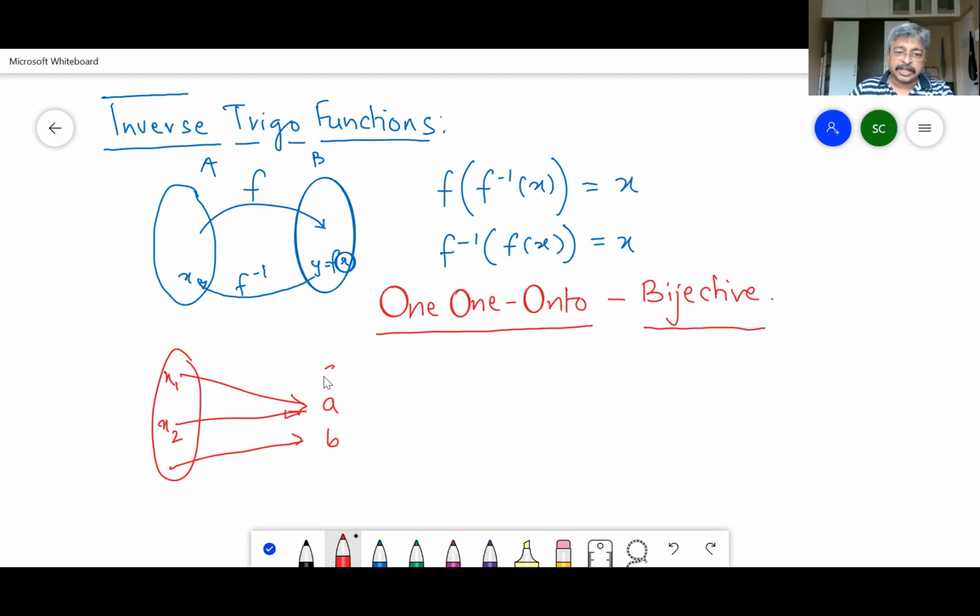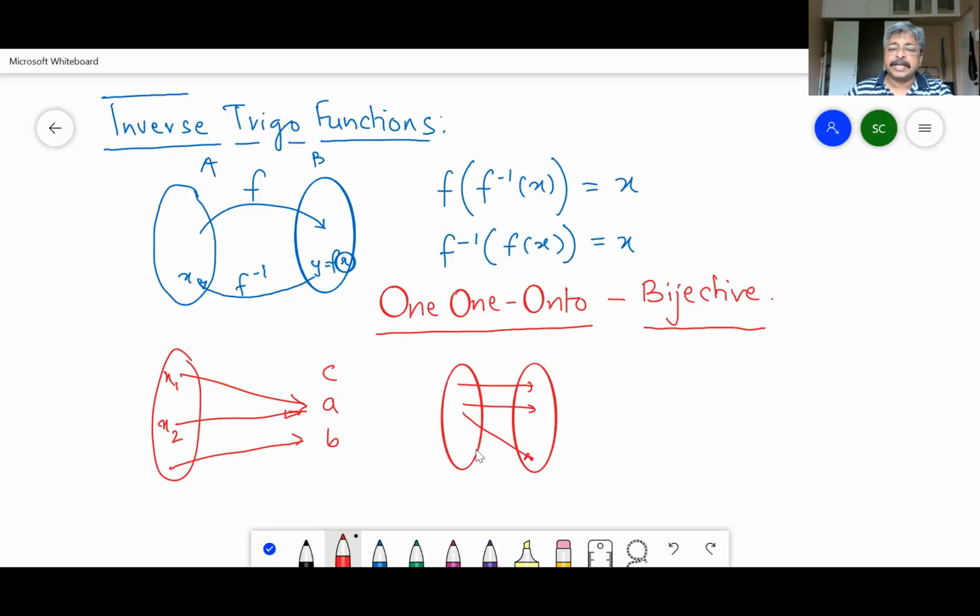If there are some extra elements, so if it is into, then C is not aware what its image is after f inverse. Therefore, C will be in confusion. So we want the original function to be well behaved, very disciplined. It is one-one.